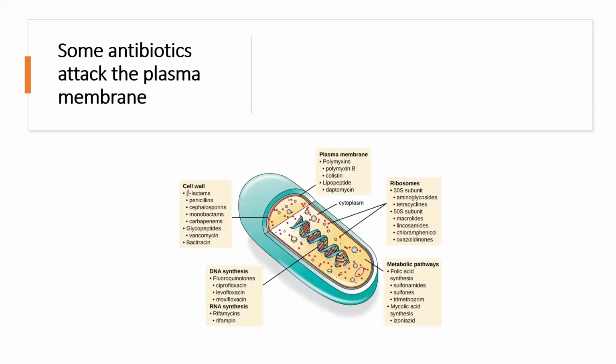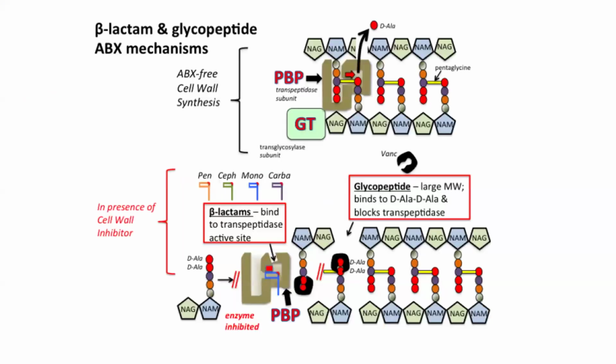Lastly, we have antibiotics that directly affect the cell wall. We've got our beta lactams, which include penicillin, amoxicillin, and so on, and our glycopeptides like vancomycin and bacitracin. This is just a schematic showing how these work. Both of them interrupt cell wall synthesis, right?